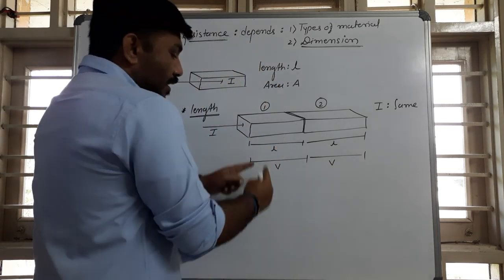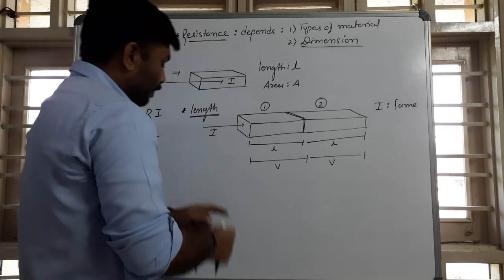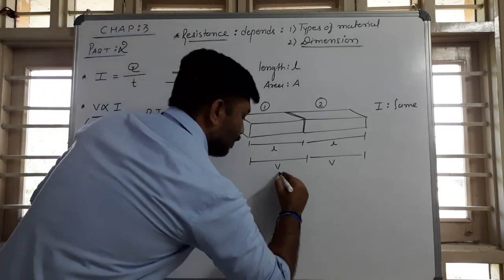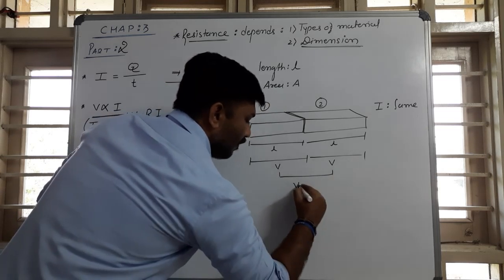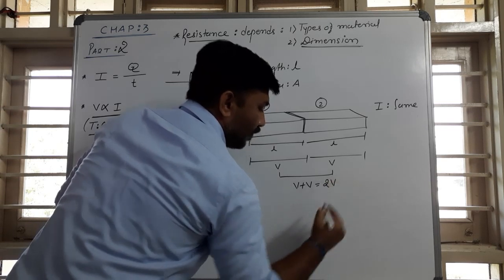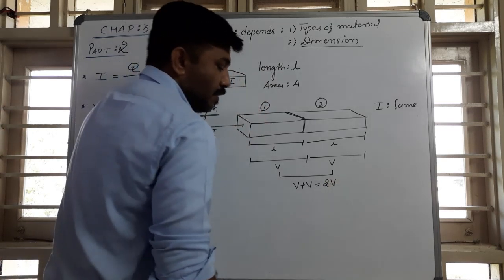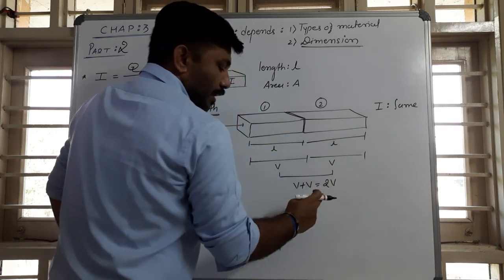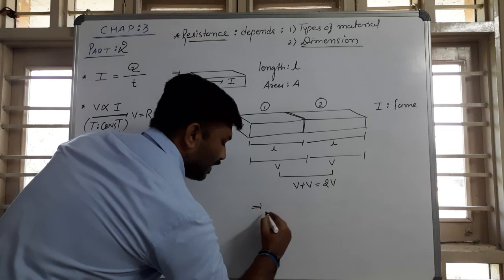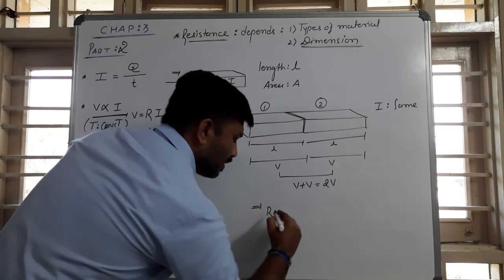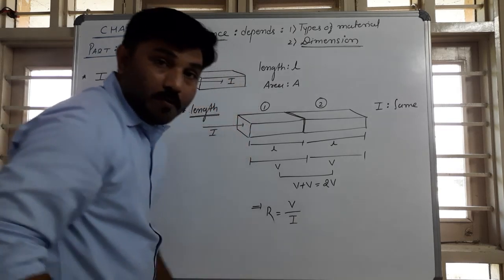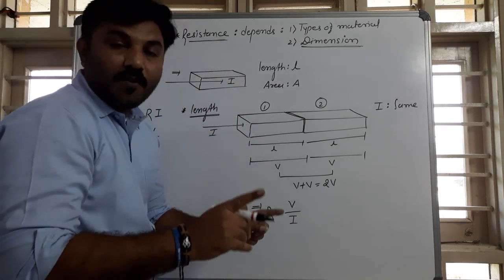So here, if the length is doubled, the electric current remains the same, but the electric potential becomes how much? V plus V. So the total electric potential is 2V. Electric current is the same, electric potential 2V. For this you can say that resistance R is equal to V by I as per Ohm's law, as per the definition of resistance.